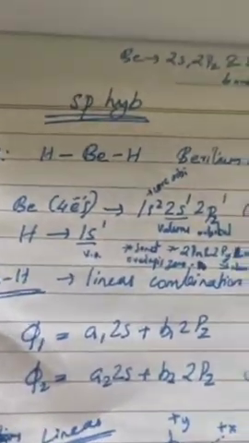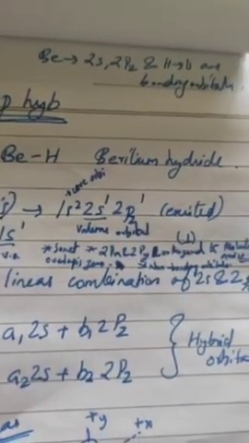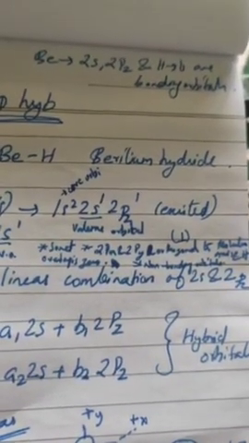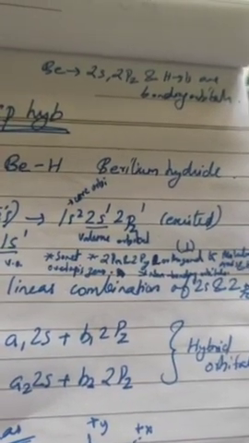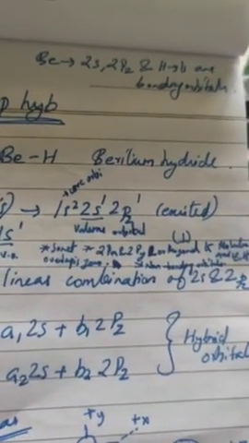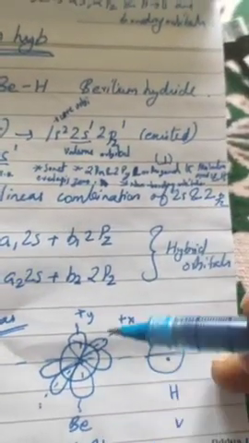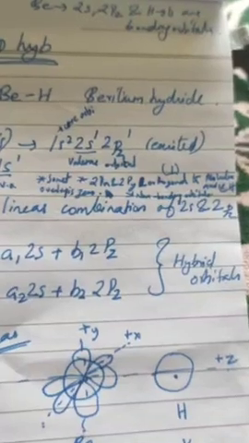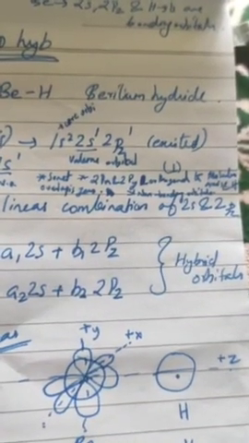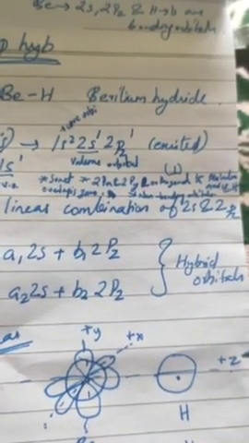And we are looking at the linear combination of the 2s and 2pz orbitals of beryllium to form the hybrid orbital. In this case, you can see that the 2px and 2py are both orthogonal to the molecular axis, and they are also orthogonal to the hydrogen atom.